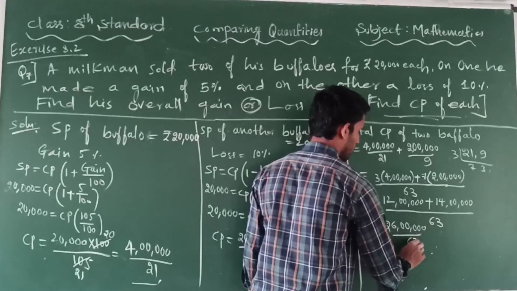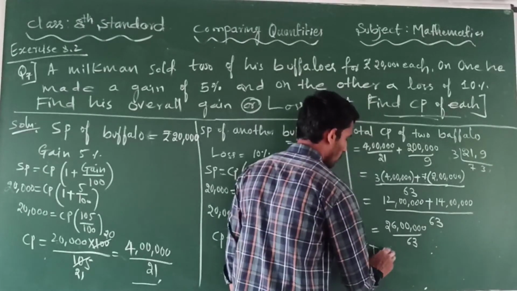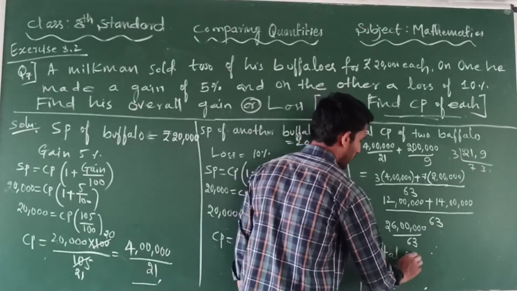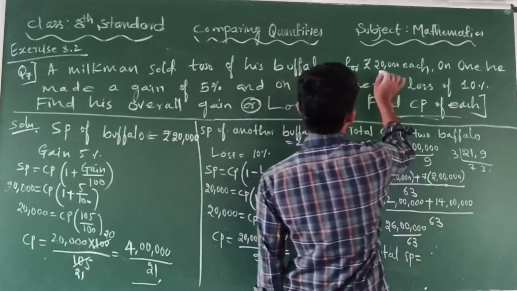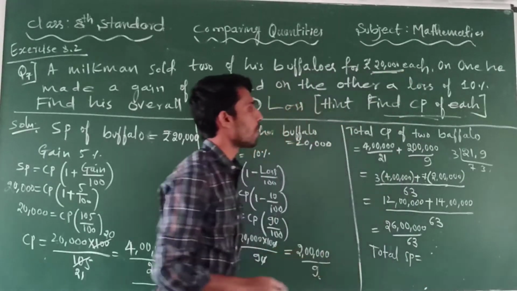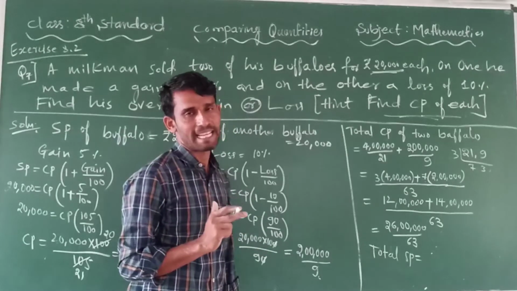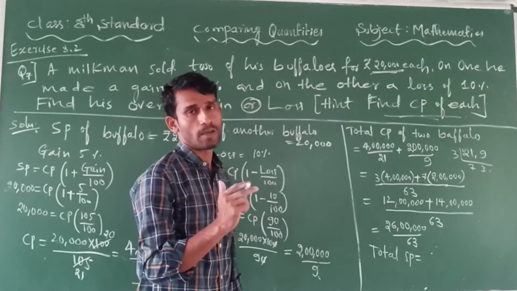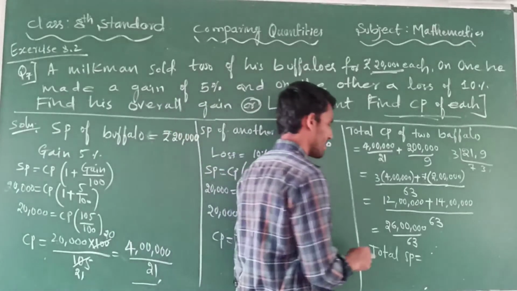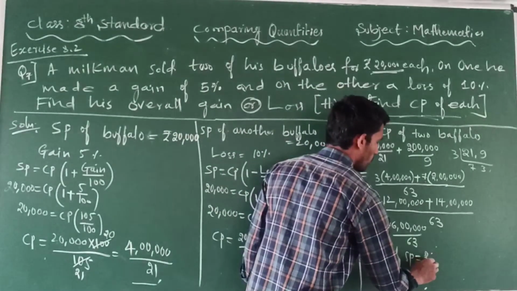Now the total SP. You are given 20,000 for each buffalo. For 2 buffalo we have to multiply 20,000 into 2. We will get 40,000. Okay, that is the total selling price.